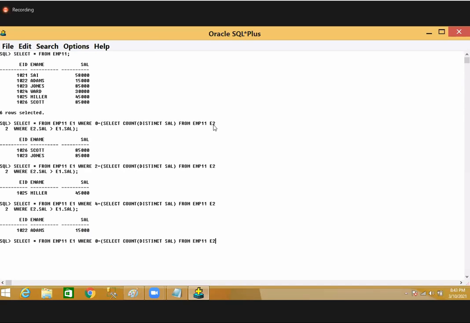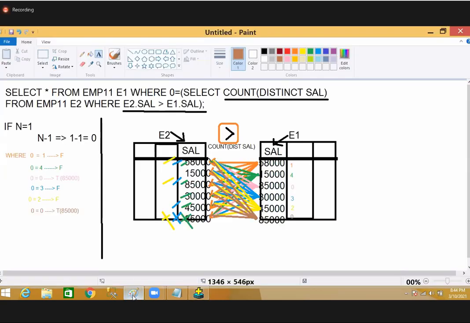Everything is the same, but where will my condition be changed? Where E2 dot salary, if I'm taking greater than for the highest salary. Now I want to find the lowest salary, so I use less than E1 dot salary. And the remaining mechanism is the same.